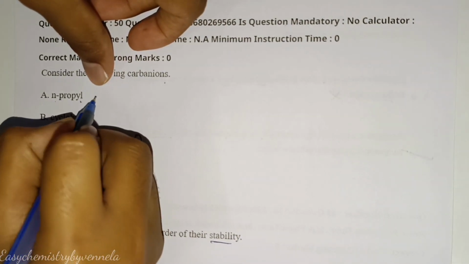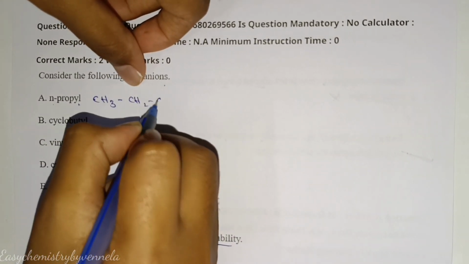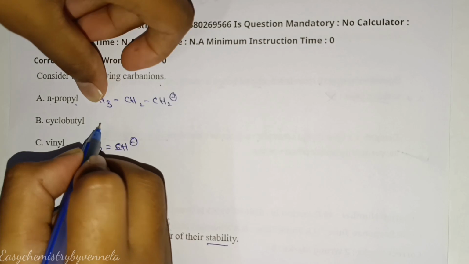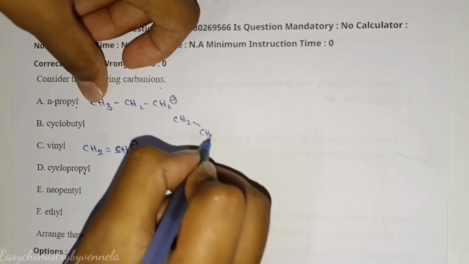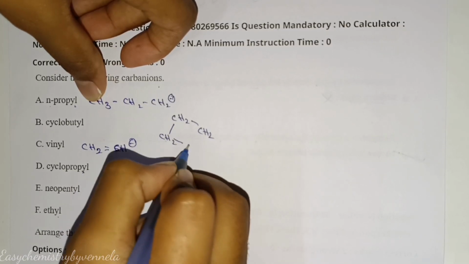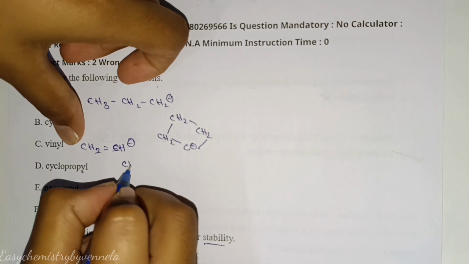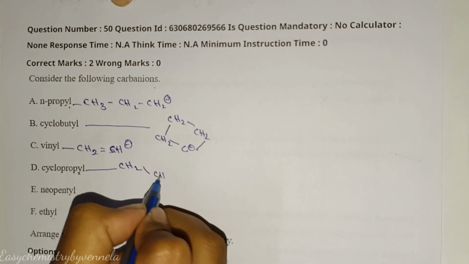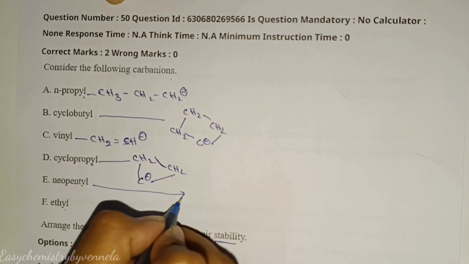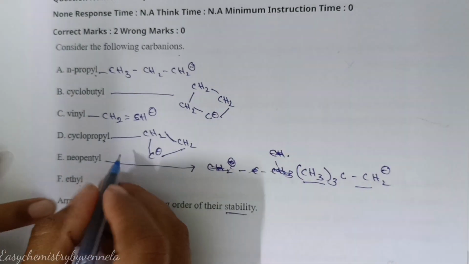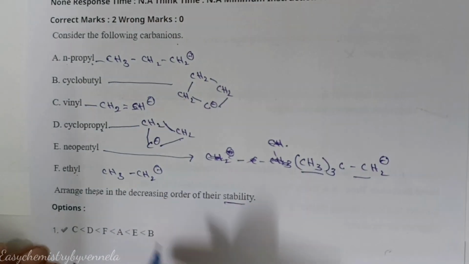Next one is n-propyl carbanion, that is CH3CH2CH2 minus. Cyclobutyl, that is CH2 CH2. Next one, cyclopropyl. This is the cyclopropyl. Next, this is the neopentyl carbanion. Next, ethyl, CH3CH2 minus.